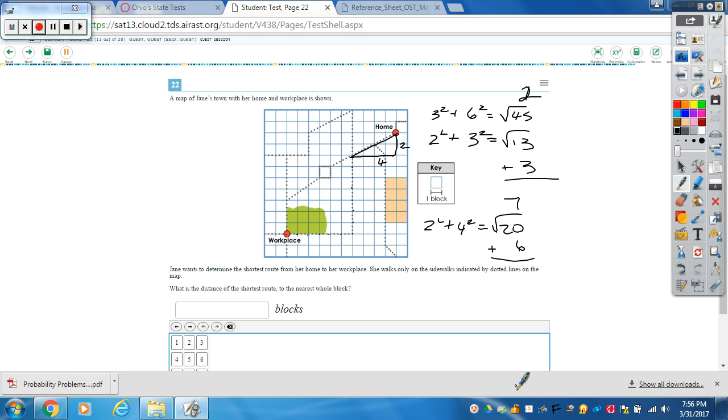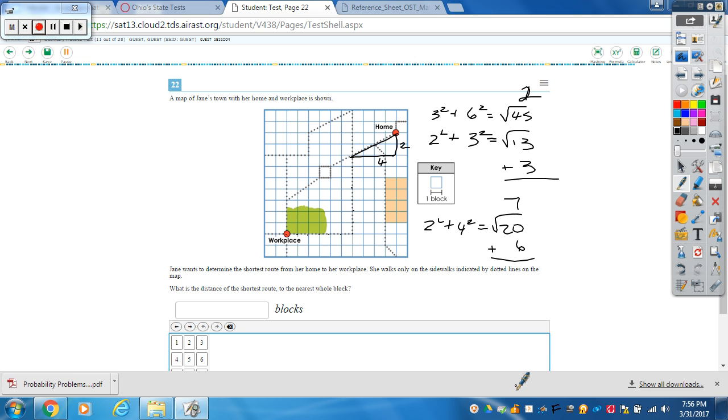Okay. So if I look at the first one, 2 plus the square root of 45 plus the square root of 13, oh, not 12, 13, plus 3, that'll equal 15.3.